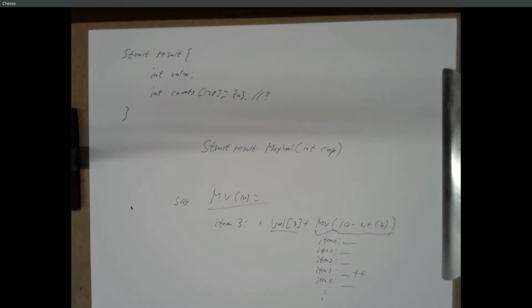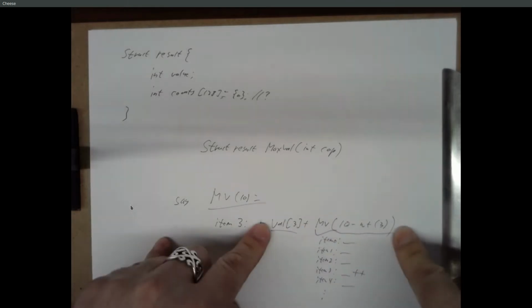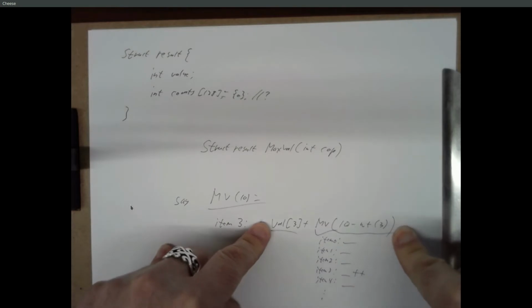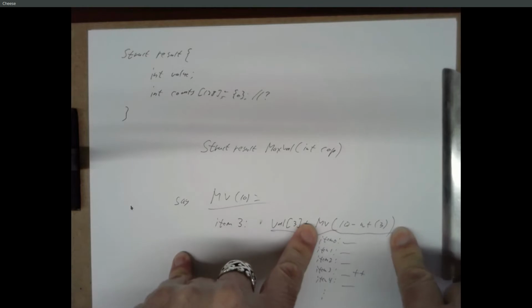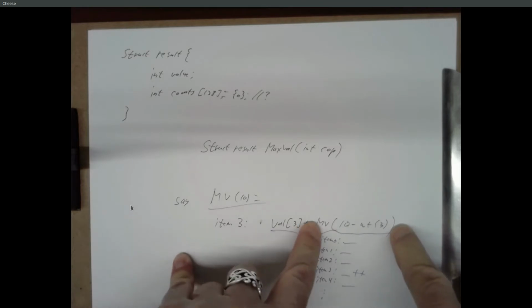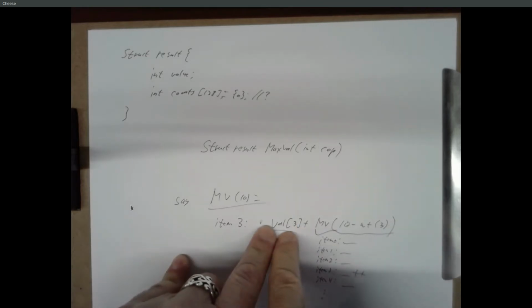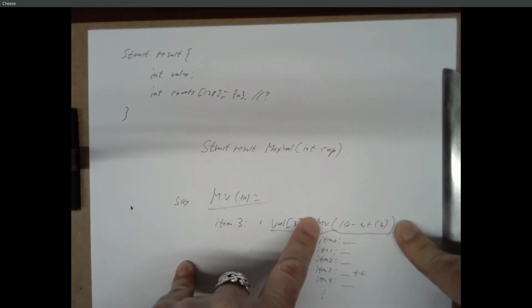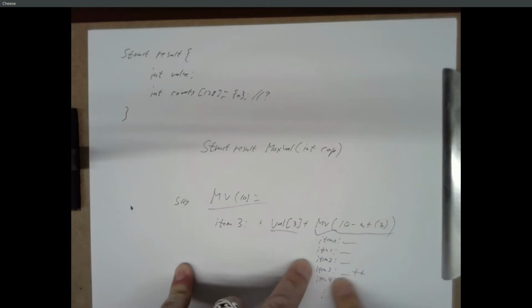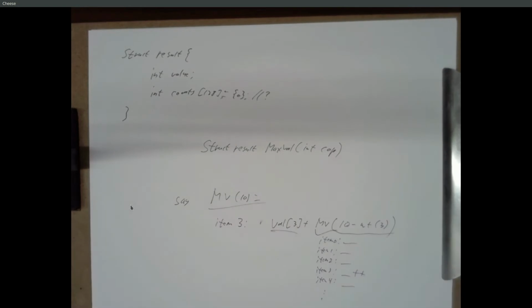So if you go through your loop and you find that item 3 is the one that maximizes this expression, then our final value for maxval 10 is the max value from this diminished capacity plus the value of item 3. The inventory for the maxval is the inventory for this plus 1 more of item 3. So take the inventory you get back from this, increment the count for item 3, return that as the inventory for your original maxval.